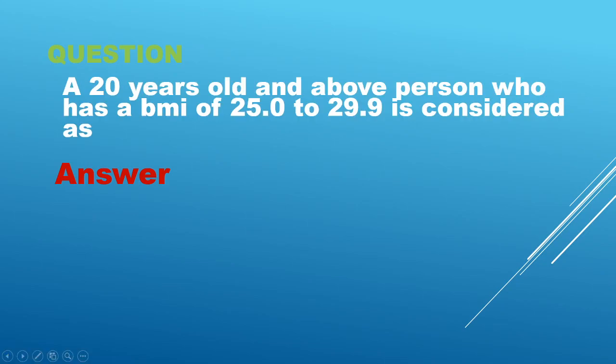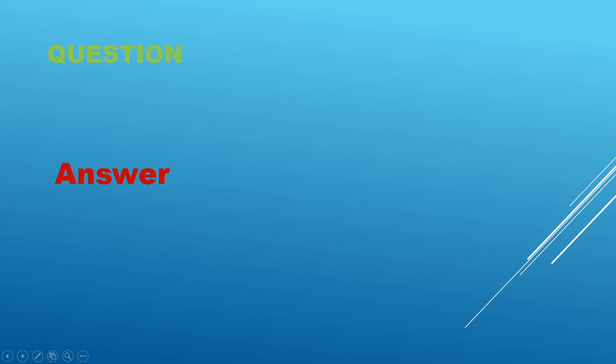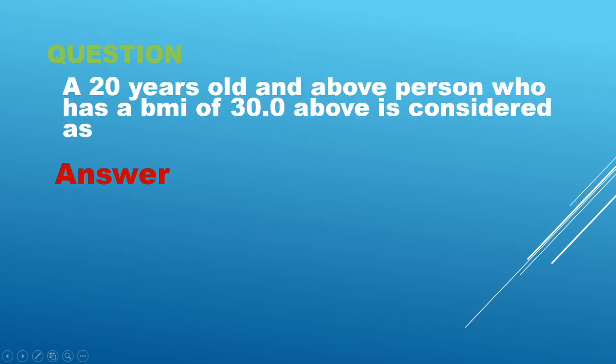A 20-year-old and above person who has a BMI of 25 to 29.9 is considered as overweight. A 20-year-old and above person who has a BMI of 30 and above is considered as obese.